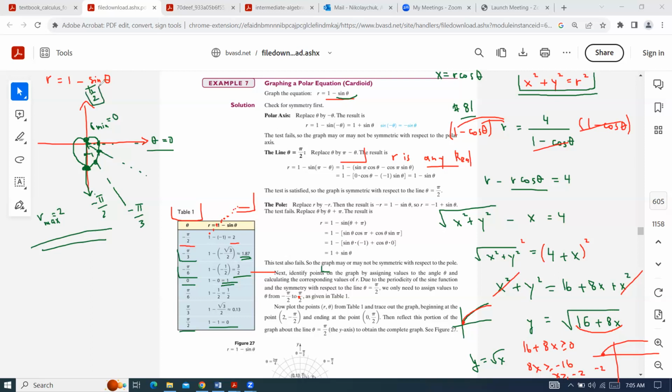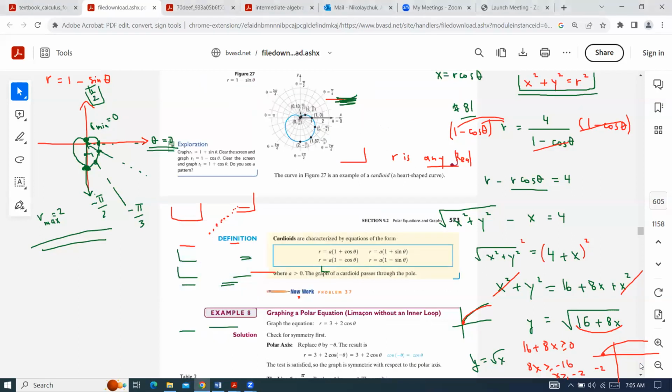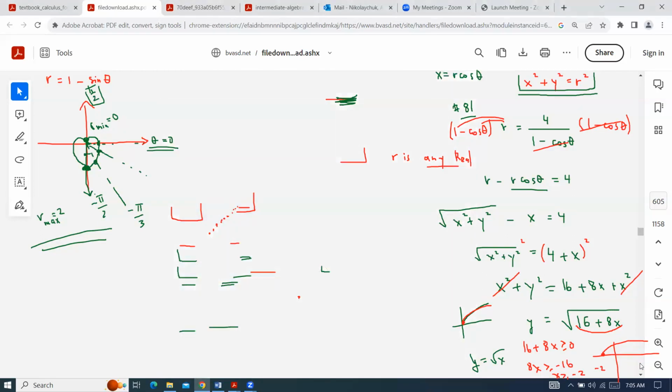So those are 2 key values that I will be looking at, minimum and maximum. And also it's helpful to know when angle is equal to 0, because usually it's easy to calculate values of sines or cosines when r is equal to 0. And that will be my plan of graphing for all of the relations given in this section. So I'm gonna now take one exercise and do it.